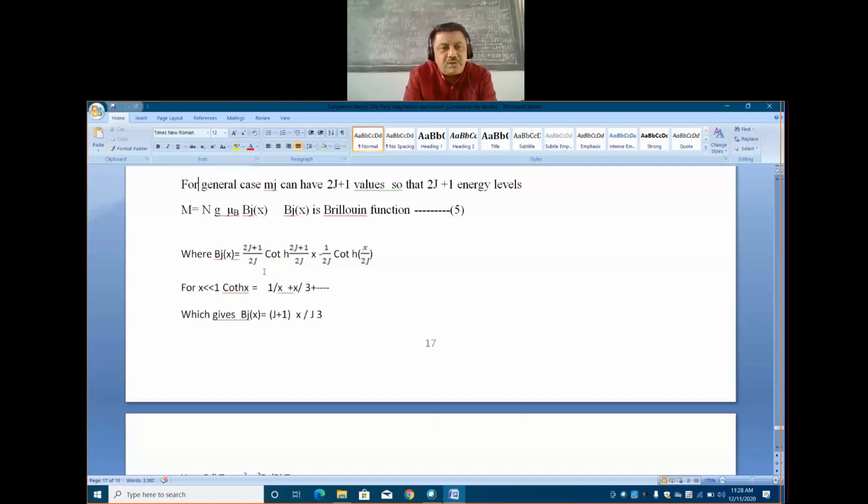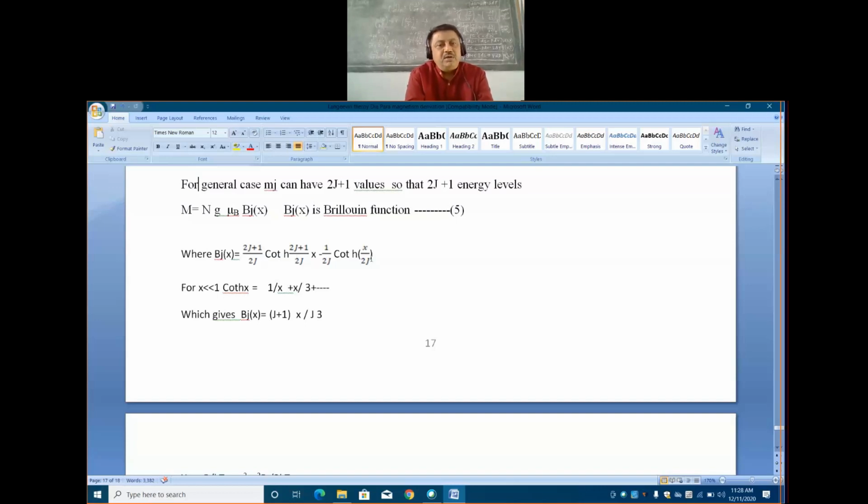This is given by a general expression: magnetization M is equal to N, that is the total number of atoms, g is the Landé g factor, mu B is the Bohr magneton, into B_J(x), a new function which is called the Brillouin function, whose expansion is (2j plus 1) by 2j coth((2j plus 1) x by 2j) minus 1 by 2j coth(x by 2j).